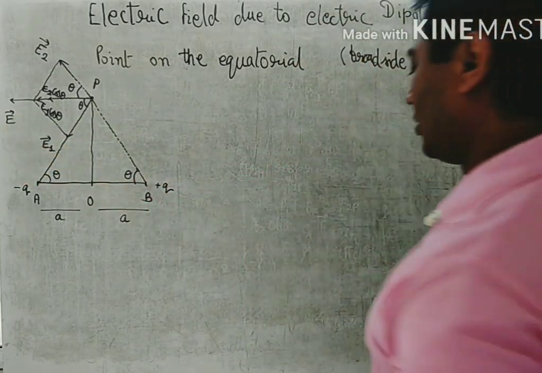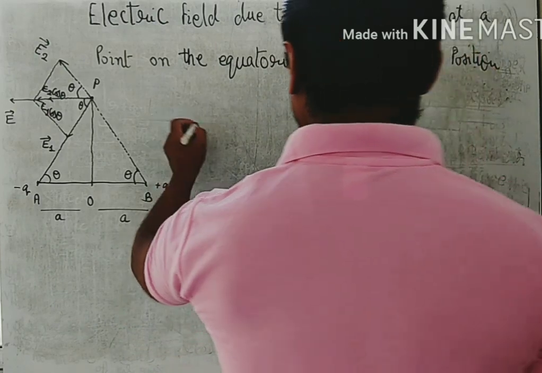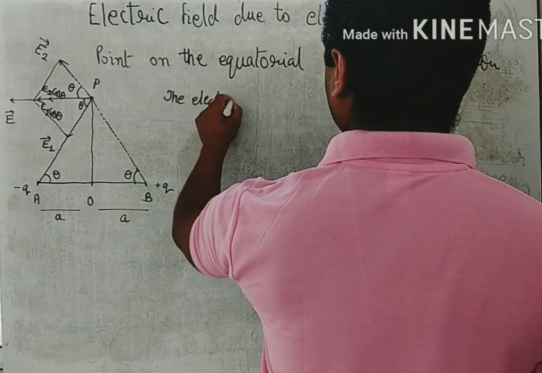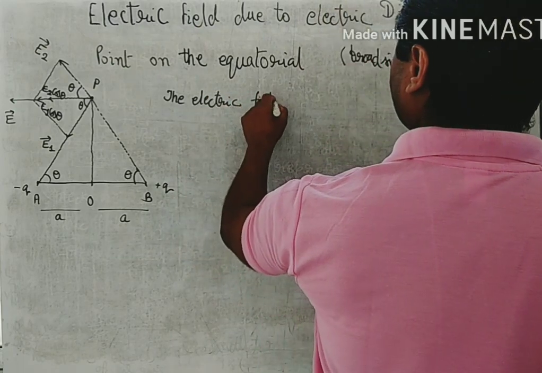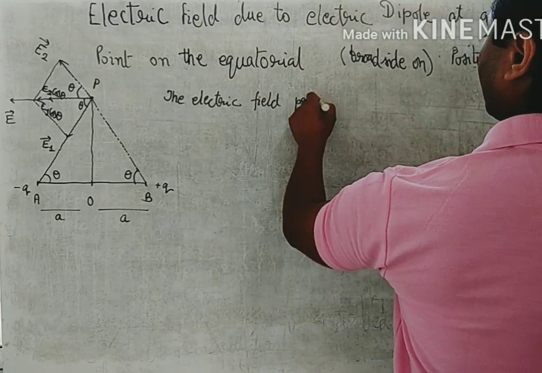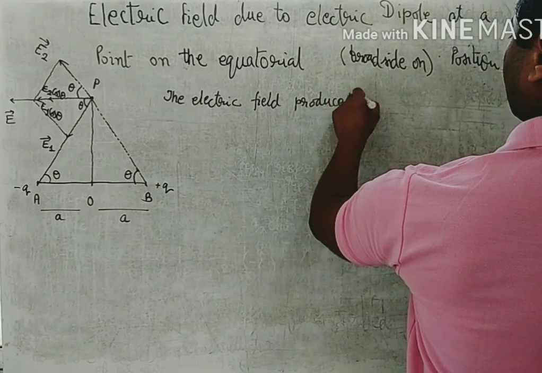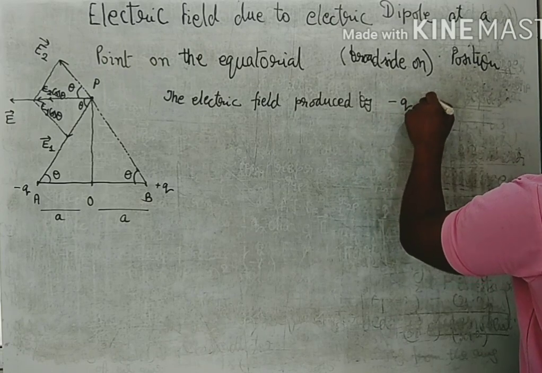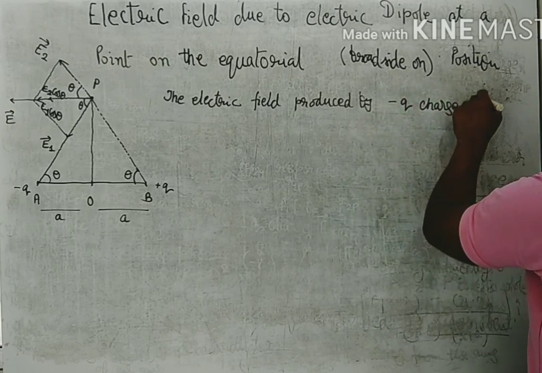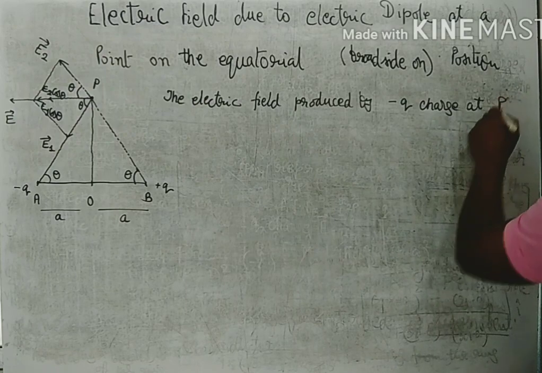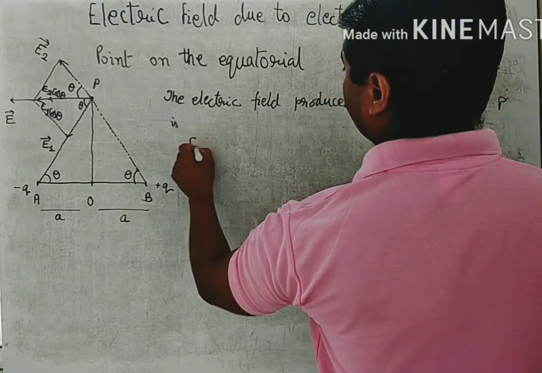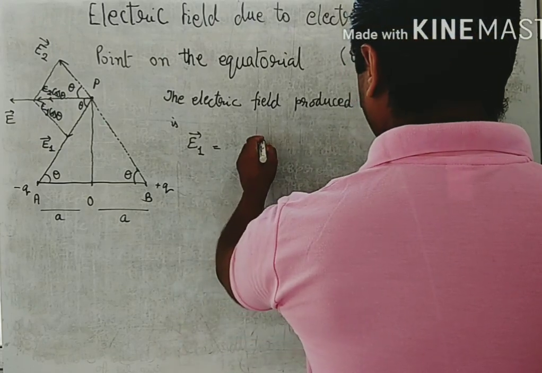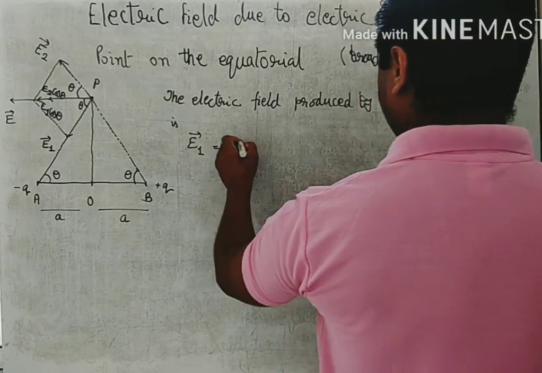So let's begin. Now we write the electric field produced by minus Q charge at P is vector E1, which equals 1 upon 4 pi epsilon naught.